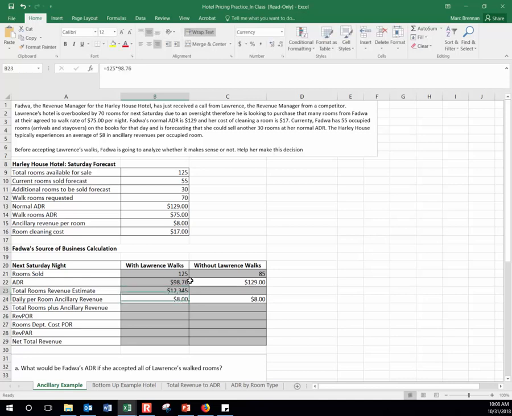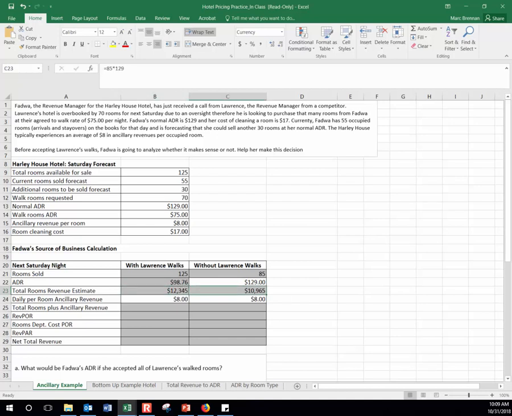I would have $12,345 in rooms revenue. Without accepting these walks, I would have 85 rooms at a $129 average daily rate. So even though I actually have a higher average daily rate, the fact that I have a higher occupancy has helped me get higher rooms revenues.